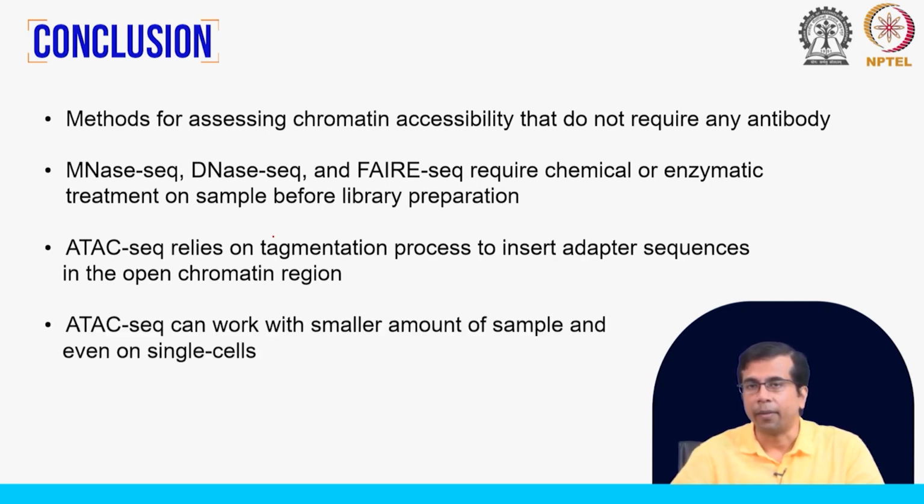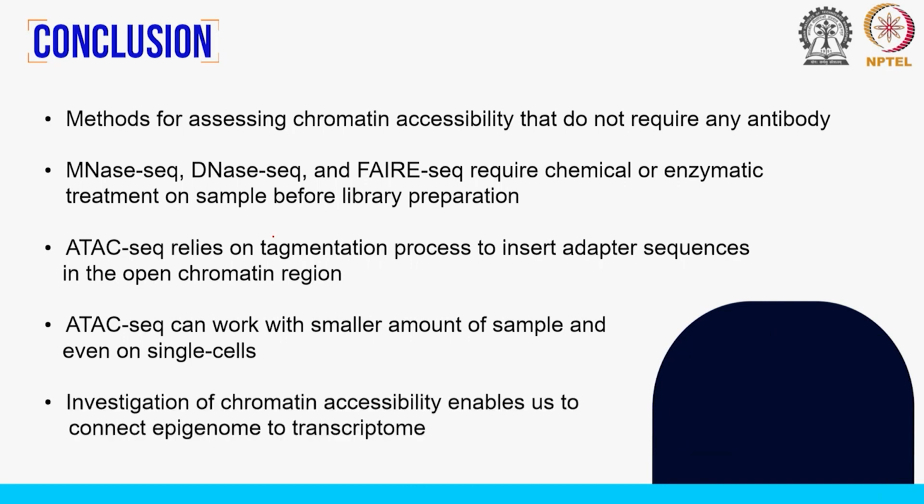We have seen that ATAC-seq can work with a smaller amount of sample, and even on single cells, so we have single cell ATAC-seq data sets. And what I would like to say at the end is that by looking at chromatin accessibility, we can start to connect the epigenome with the transcriptome. We know which regions are open and available for binding by transcription factors, or where RNA polymerase can come and bind. This can then be associated with the transcription state of the cell.